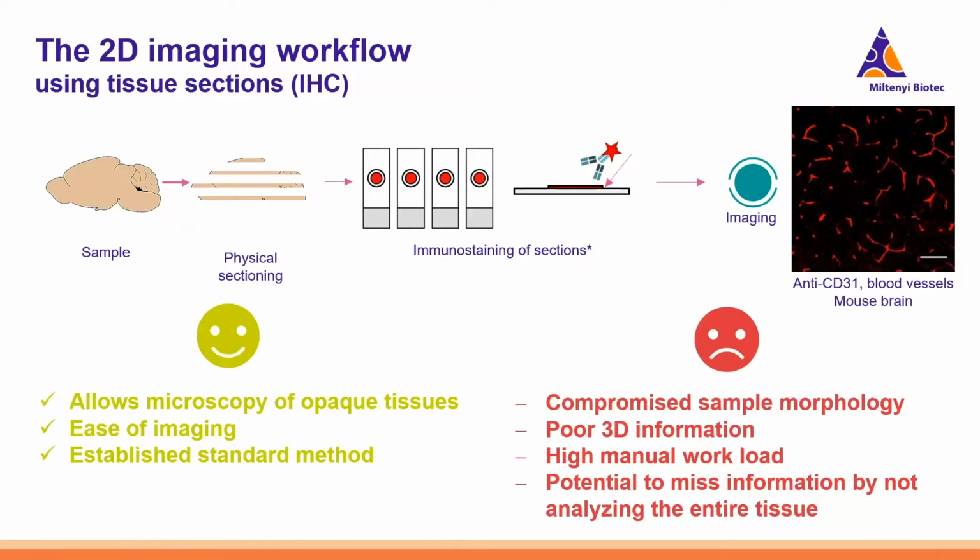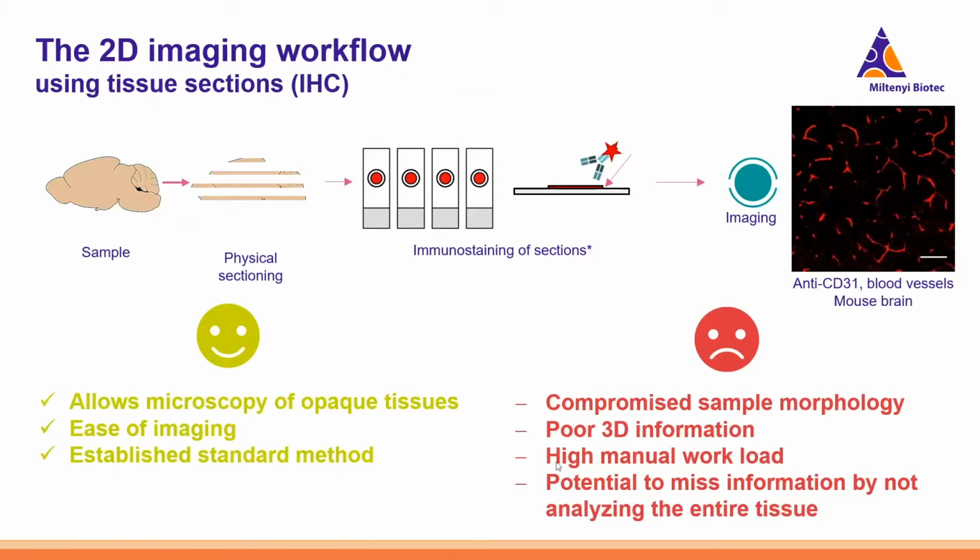Also, 3D information obtained by tissue sections can be very poor. On one hand, if only a partial sampling took place, so only a few sections of a large sample have been analyzed, there is little 3D information. But even if you obtain many sections, the alignment later in the image analysis is not very easy and often complicated to perform.